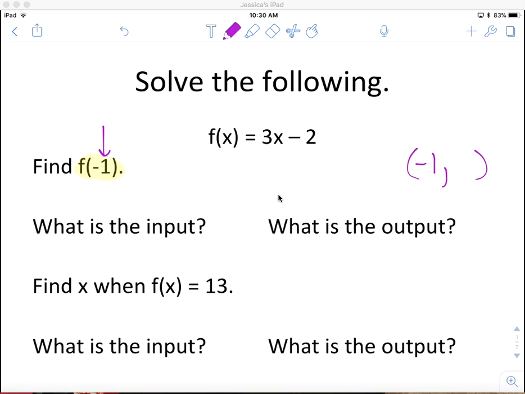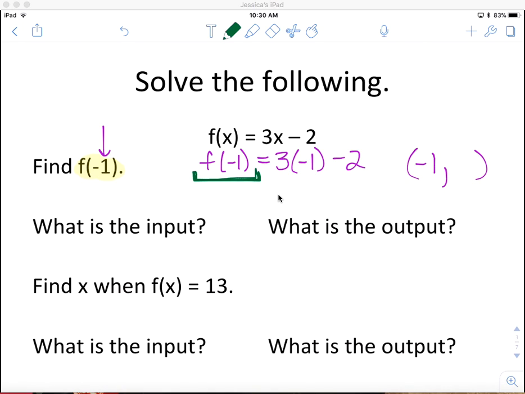So to find f of negative 1, I'm going to replace x with negative 1. So f of negative 1 is 3 times negative 1 minus 2. Be very careful when you're looking at this. This f of negative 1 does not mean f times negative 1. That is the name of our function.